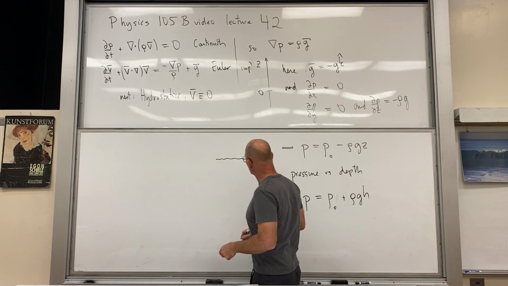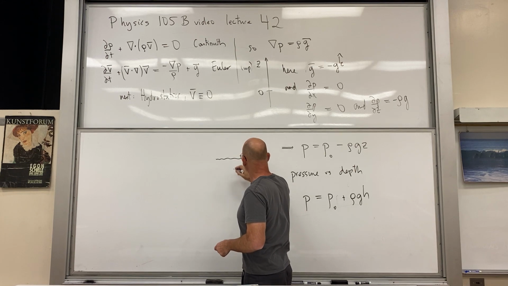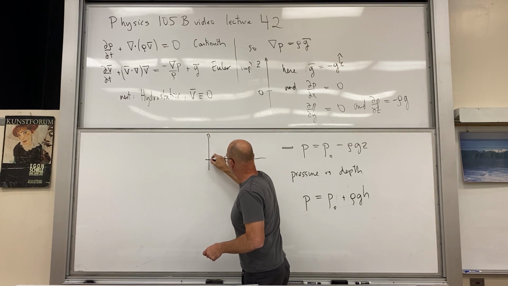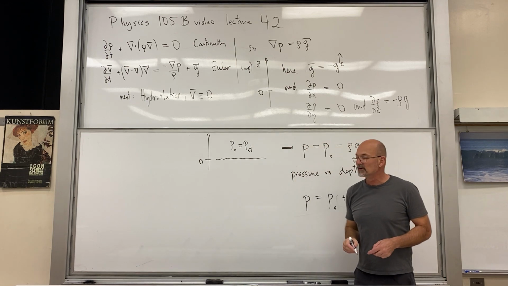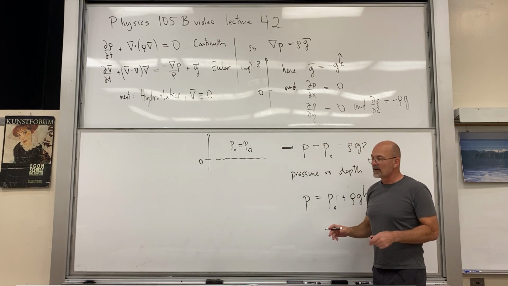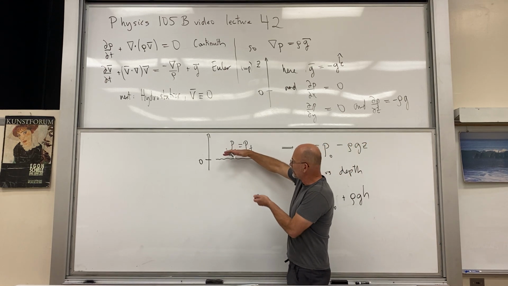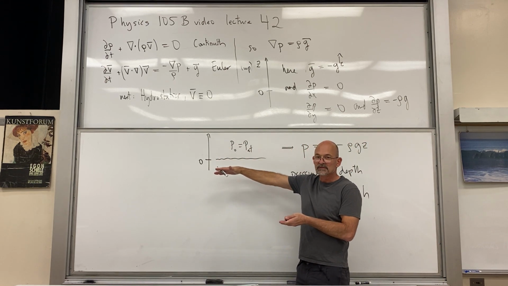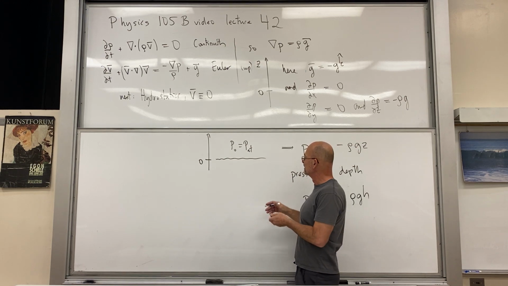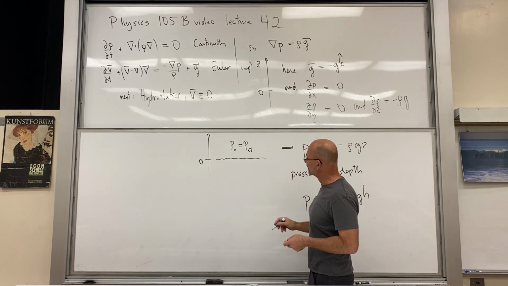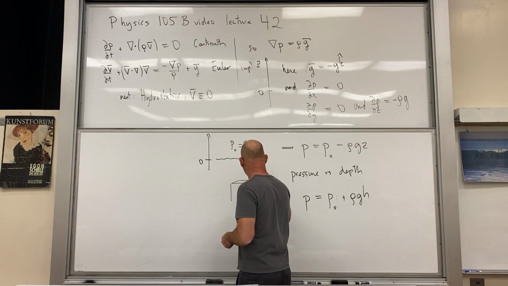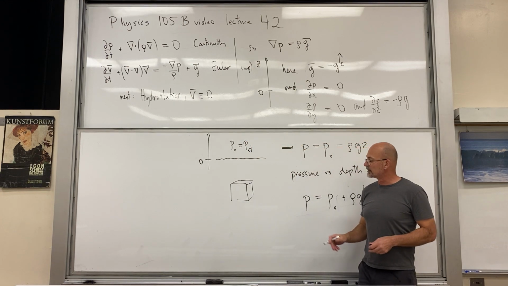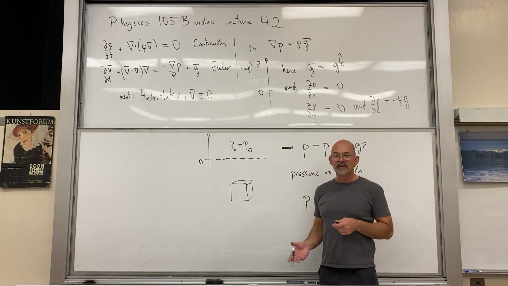So if you have a water surface here, and you go ahead and call this 0, P0 is typically your atmospheric pressure, but remember, according to Pascal's principle, if you're somehow pressing down on it with some other force, then that would be your P0. So you've got the atmospheric pressure, and say you've got some object down here, a milk carton, some kind of box or something, and that'll take us to our next topic, the buoyancy force.